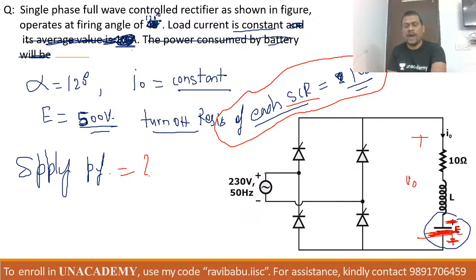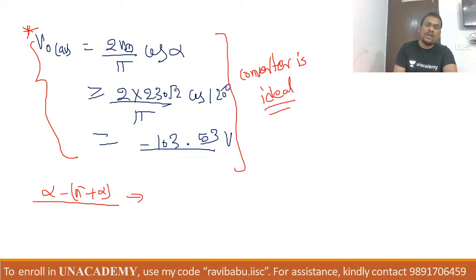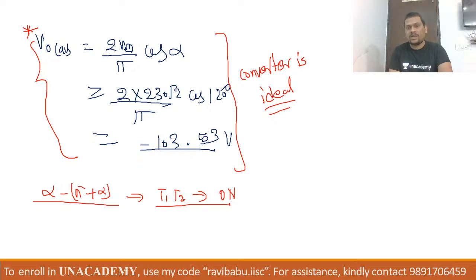Here beta, in the range of alpha to pi plus alpha, when our T1 and T2 are on, listen to me carefully beta, because this equation will give you the answer. When T1 and T2 are on beta, your V naught is nothing but Vm sine omega t, properly correct.